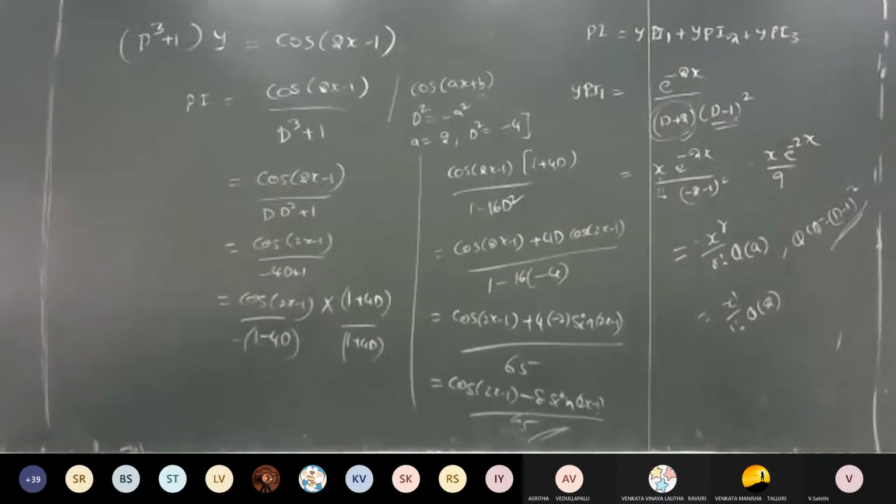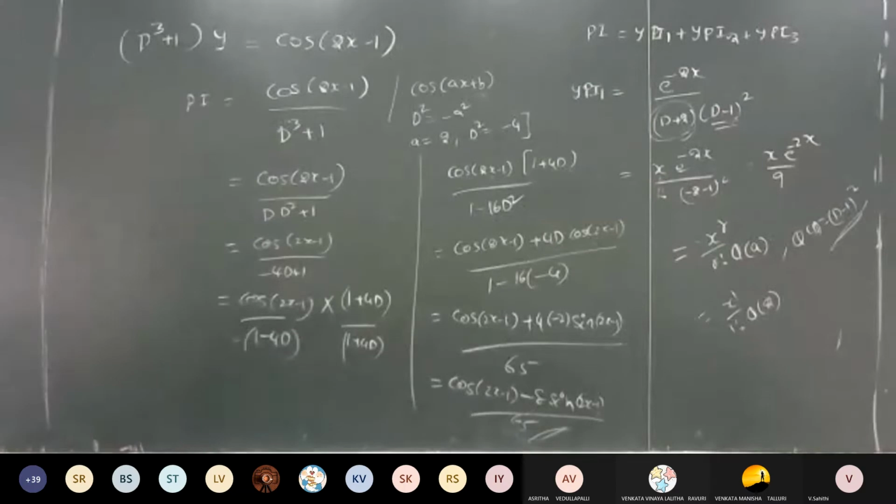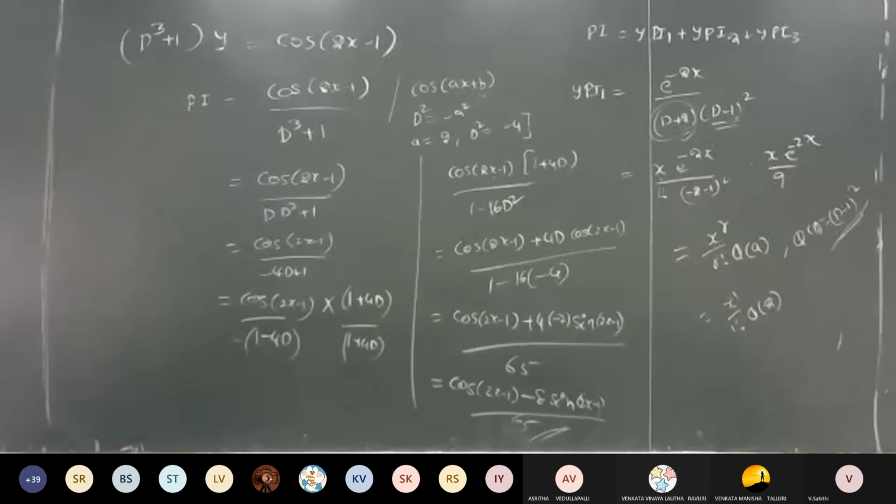For solving such types of differential equations, we have separate solutions, and these differential equations have variable coefficients. Up to now, what we discussed were differential equations with constant coefficients.